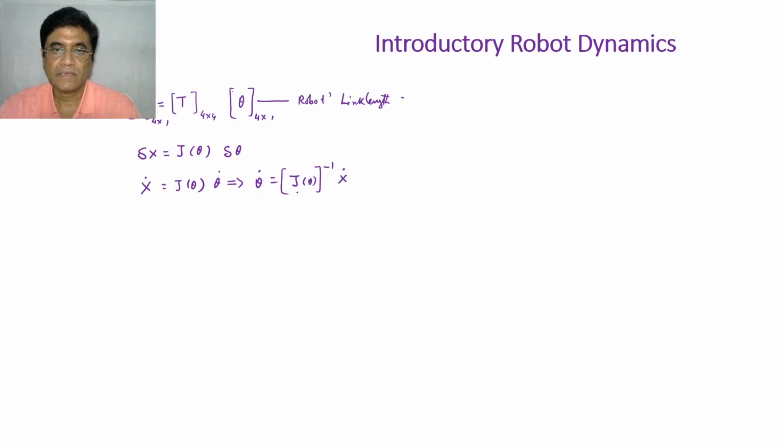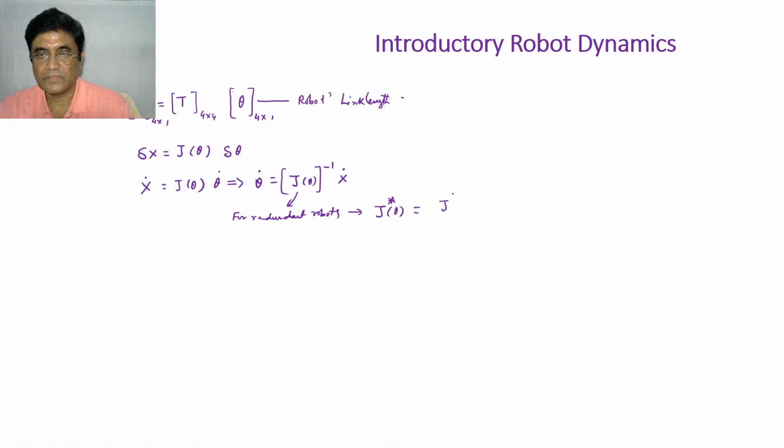And for a redundant robot, this inversion will be a pseudo inverse, and you know that we noted this as J inverse. This pseudo inverse, again a function of theta, equals J transpose, then J J transpose, this inverse.